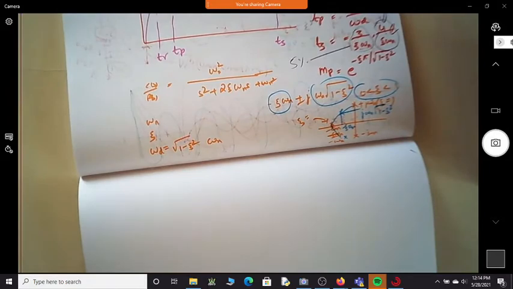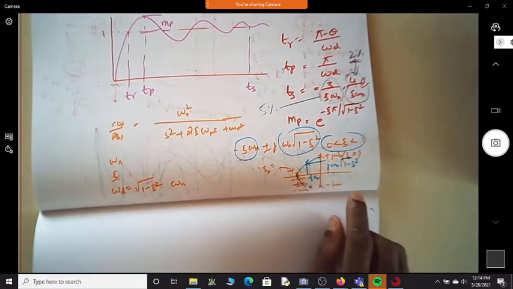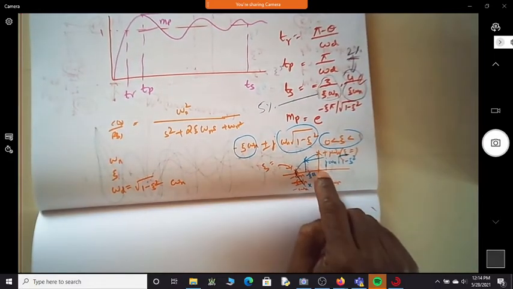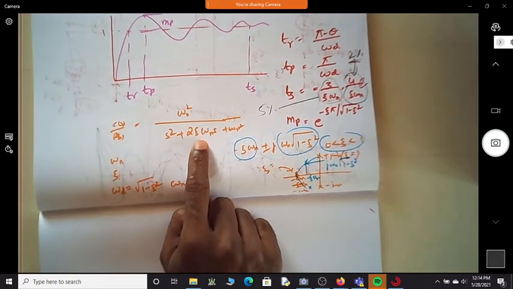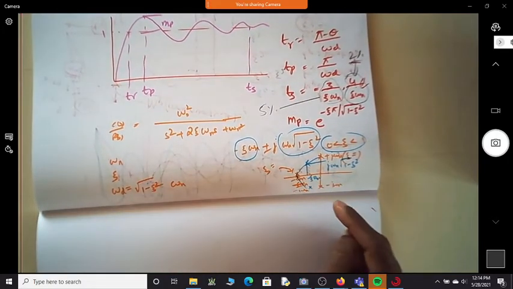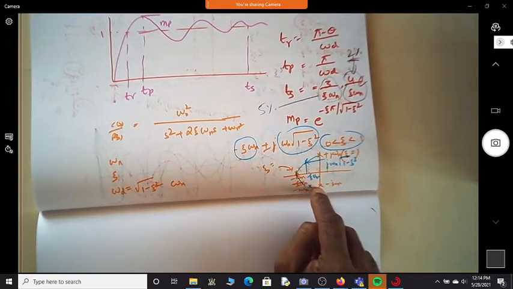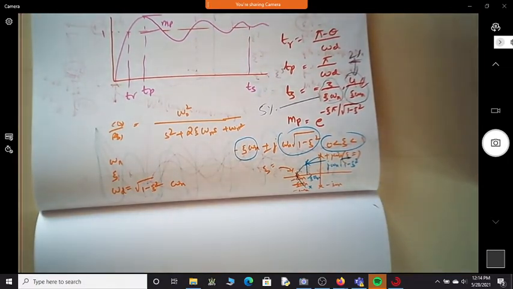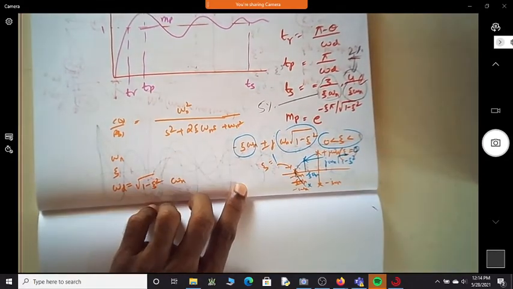Are you all thorough with the closed loop pole position as the value of zeta changes from 0 to 1? If zeta is equal to 0, the poles are at plus or minus j omega. When zeta is equal to 1, they are repeating at the minus omega n point.